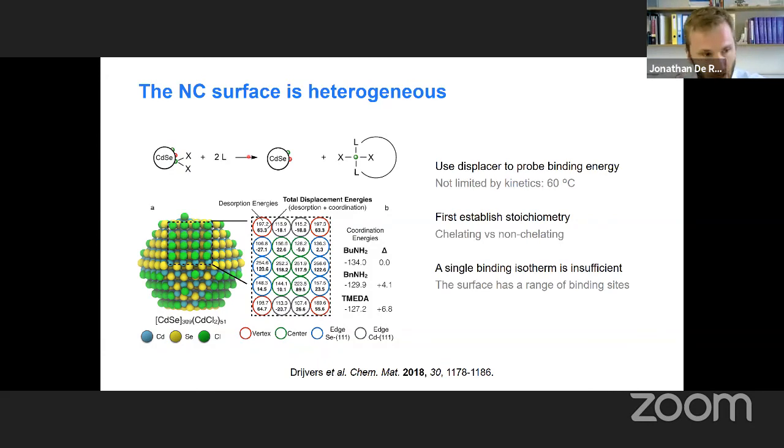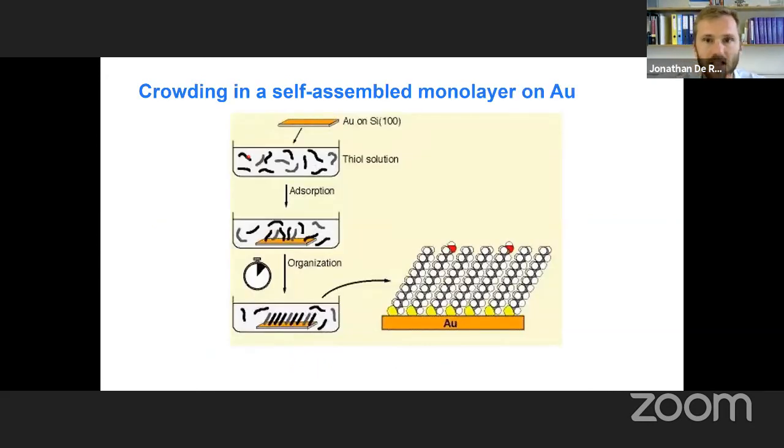Now let's talk about how much space we have on a nanocrystal. So this is a self-assembled monolayer on gold. It nicely stacks. And what is the conclusion here? There are about 5 of those thiol ligands per square nanometer on this gold surface. But there were 12 gold atoms per square nanometer available.